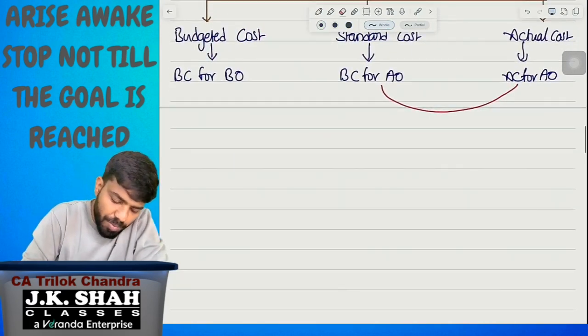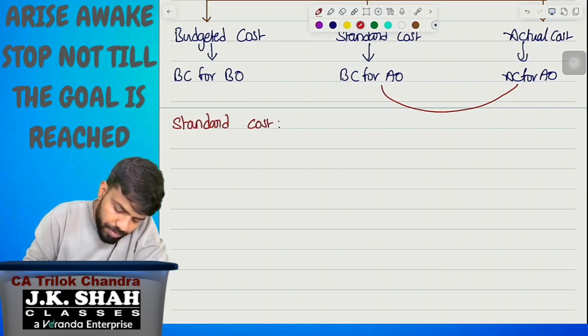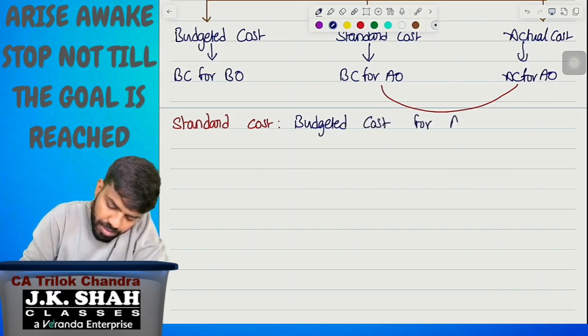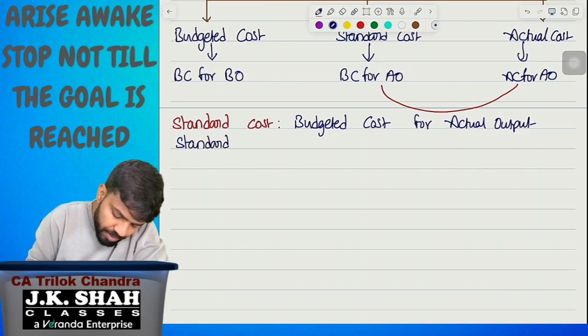Let me write one word about standard cost. What does standard cost mean? Budgeted cost for actual output. Now we need to understand standard quantity of raw material.